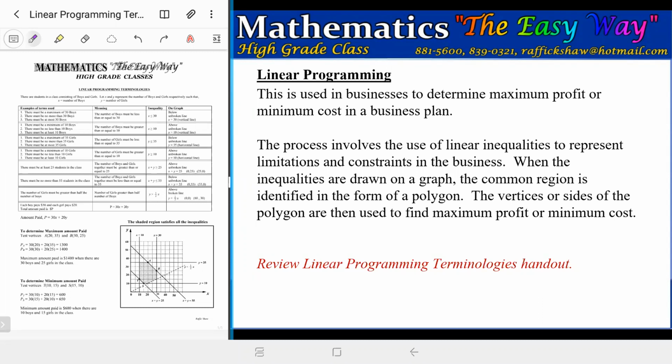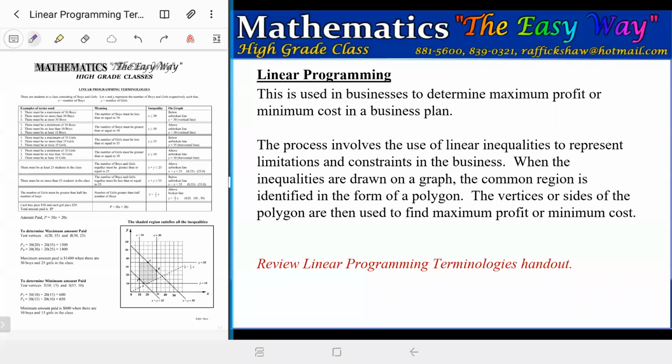Linear programming is one of the methods you use to let the bank know the maximum profit and the minimum profit the business can make, and therefore the bank will know if they should give you the loan or not.